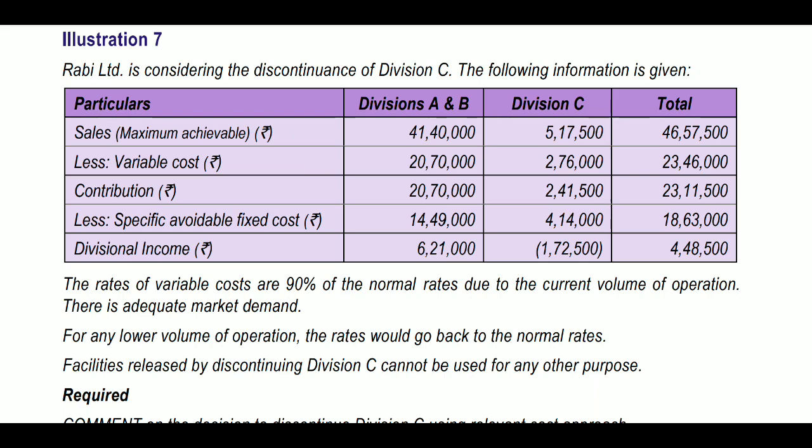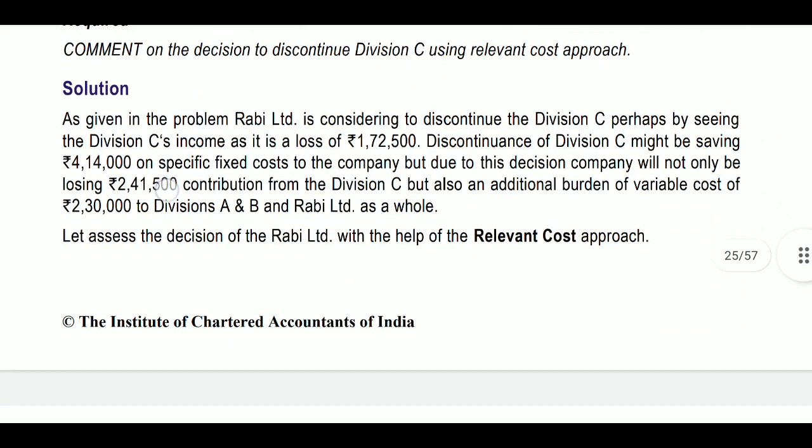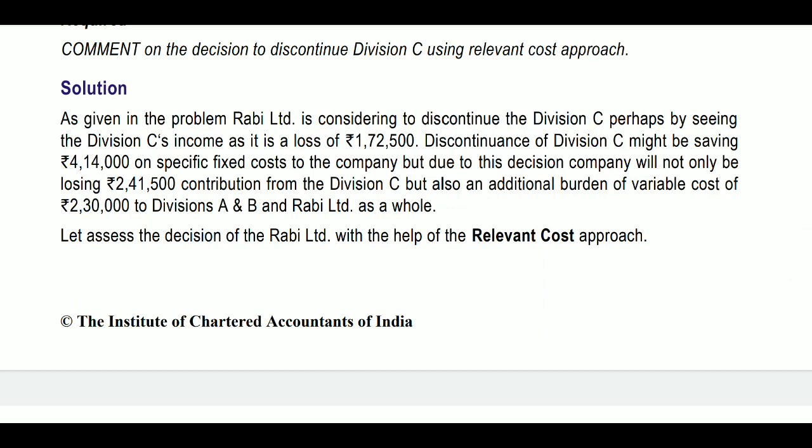So now the given problem: Rabbi Limited is considering the discontinuance of division C, perhaps by seeing the division C income at a loss of 1,72,500. So this was decided because of 1,72,500. Next, discontinuance of division C might save 4,14,100.